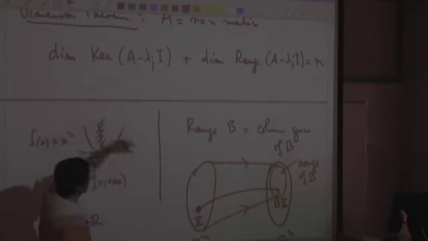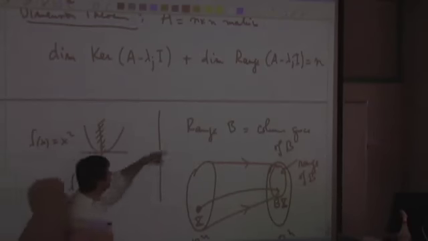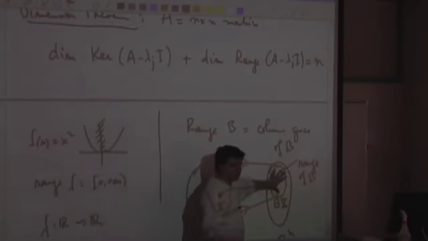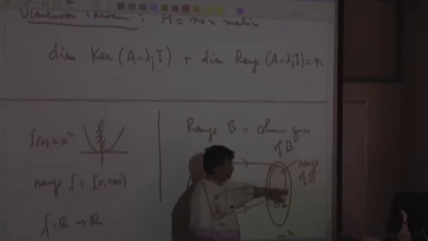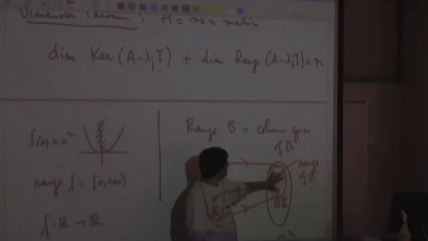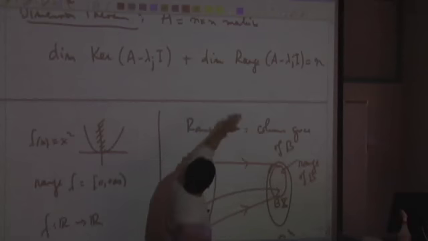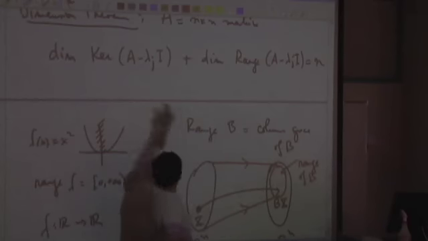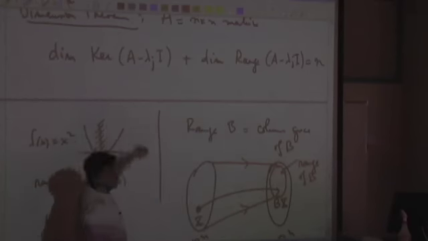So what is that theorem saying again now? It says the dimension of the range, so the dimension of this target, or of this image, or of this column space, is n minus the number of linearly independent eigenvectors for a given eigenvalue.